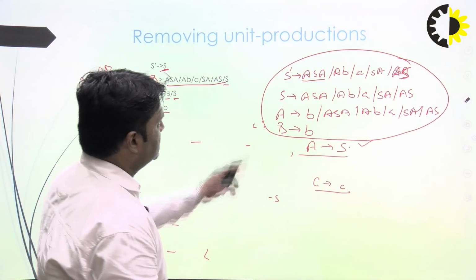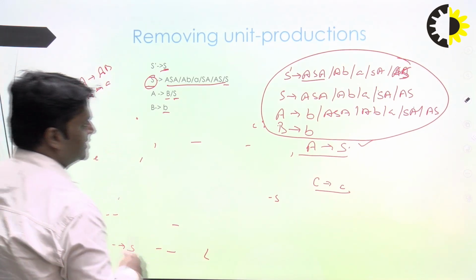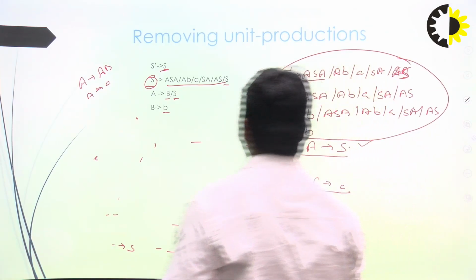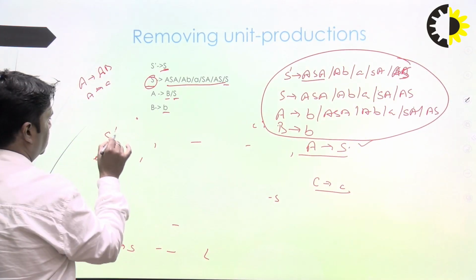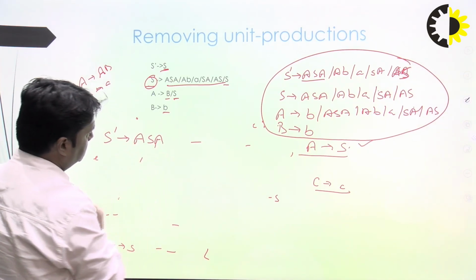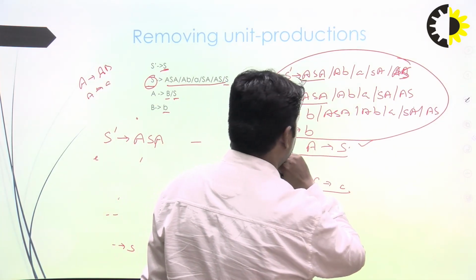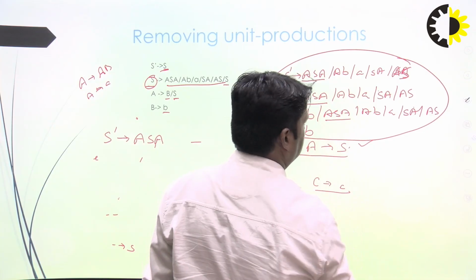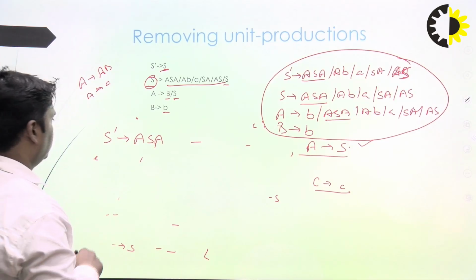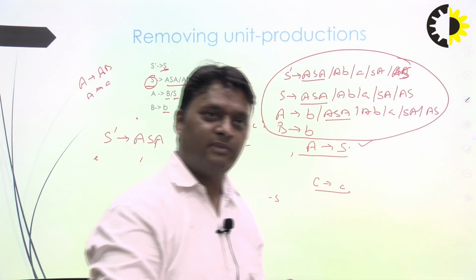Here S' implies ASA, and these ASA productions are the only ones that are not in CNF, meaning more than two non-terminals are there.